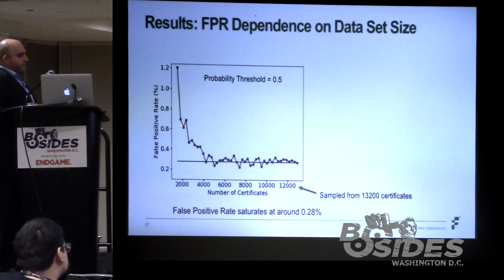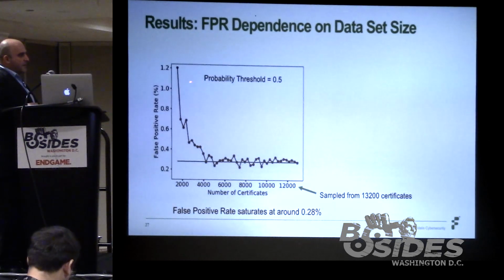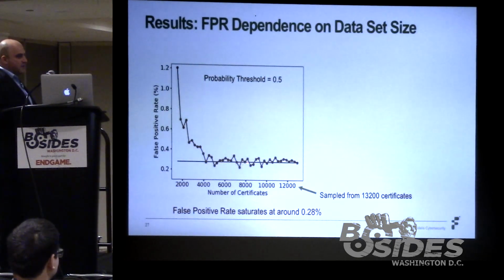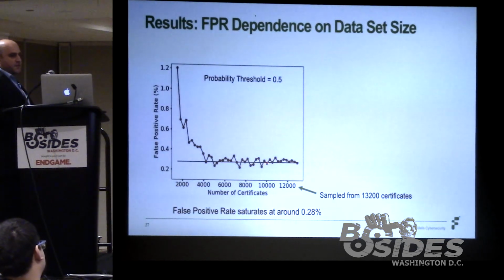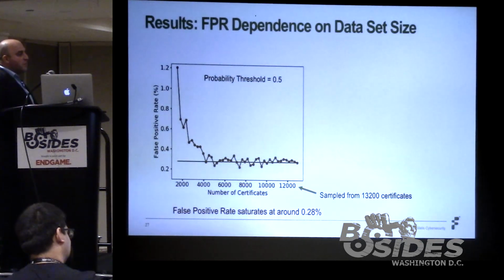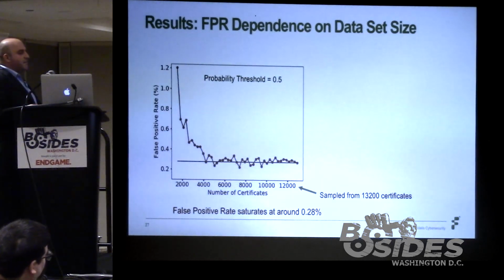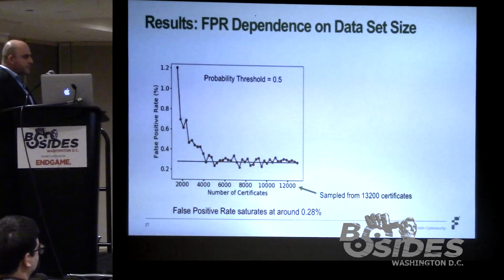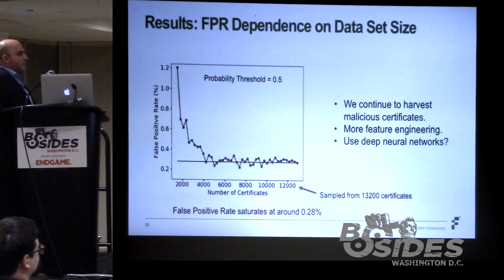So at the beginning, for a small data set, the false positive rate is high, and it decreases, and it saturates. If you fit this to a plot, it will saturate around 6,000 to 8,000 and plateau, meaning that we have a good number of certs for training. Now, with that said, we continue to harvest malicious certs. We're not stopping here. And why?